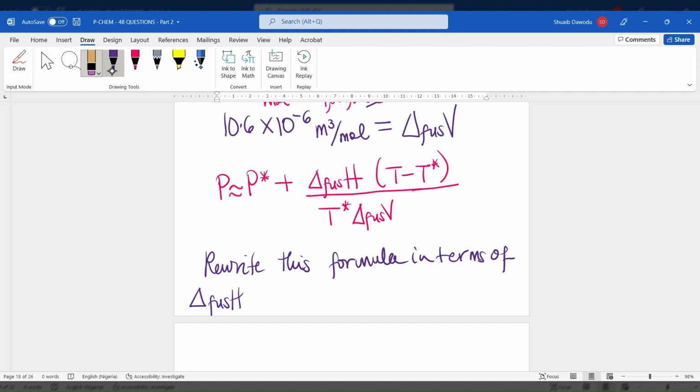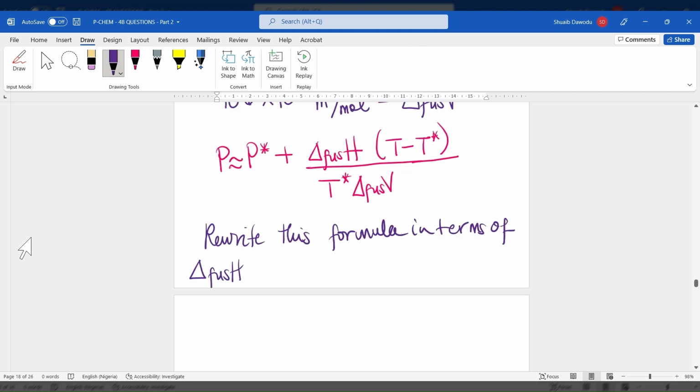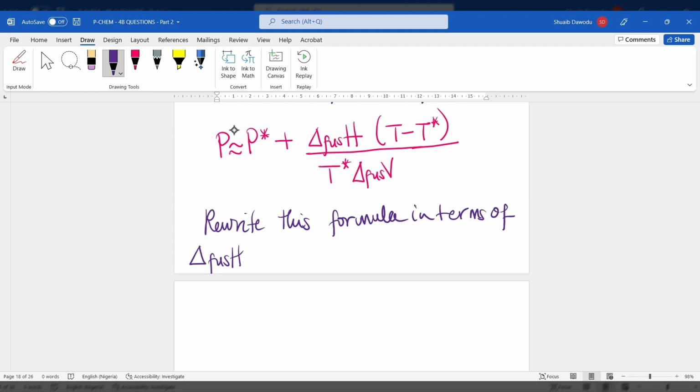Yes, we're going to be doing some algebra. We can rewrite it as P minus P star is equal to change in enthalpy of fusion multiplied by open bracket T minus T star divided by T star, change in molar volume of fusion.